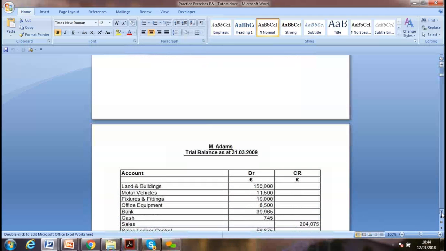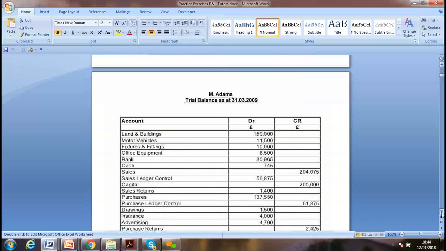So now for the trial balance, we put the company's name, because in your assignment you need to add examples to explain them. Like Mr. Adam, the statement trial balance we are preparing as at whatever accounting period.